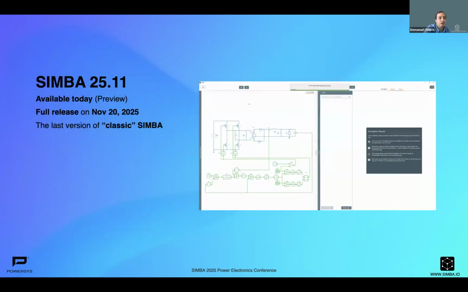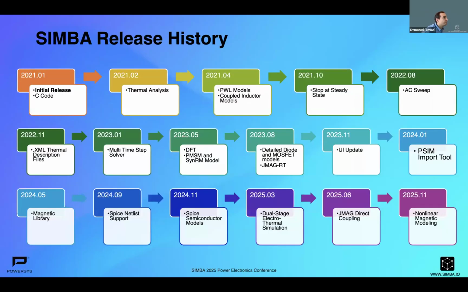Because today we are going to introduce something extremely new, and we would like to discuss the future of SIMBA. If we look at all the releases of SIMBA since day one, SIMBA is now 4 or 5 years old, and we put all our effort into making SIMBA as powerful, as fast, and as accurate as possible. SIMBA now has one of the best simulation solvers for power electronics on the market.